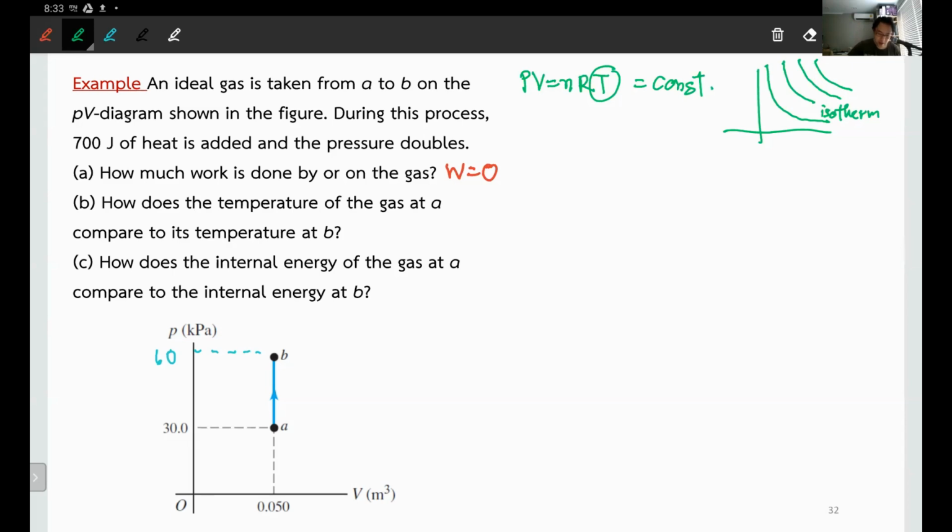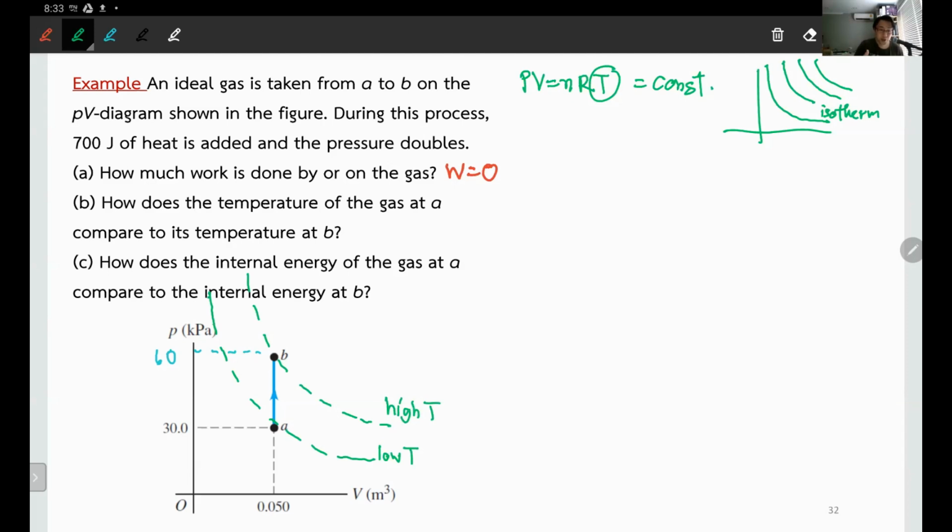So I will try to use that idea here. I can imagine that in every PV diagram, you always have this isothermal line overlaid on top. From here, you can see that this is going to be the low temperature, and this is going to be a high temperature, because a higher-lying isotherm means a higher temperature.